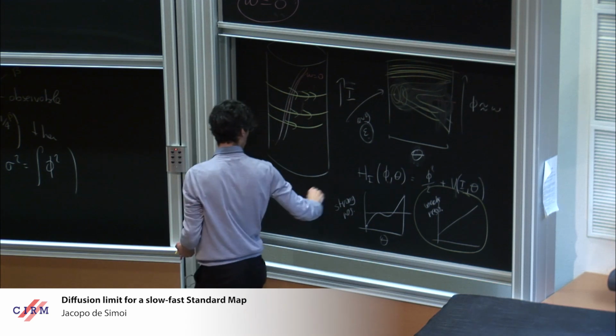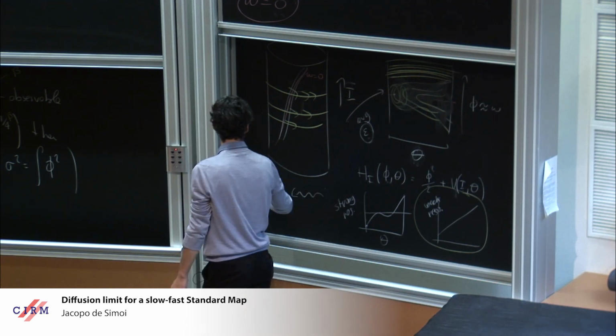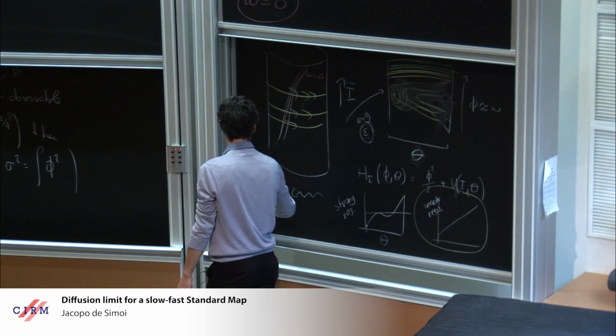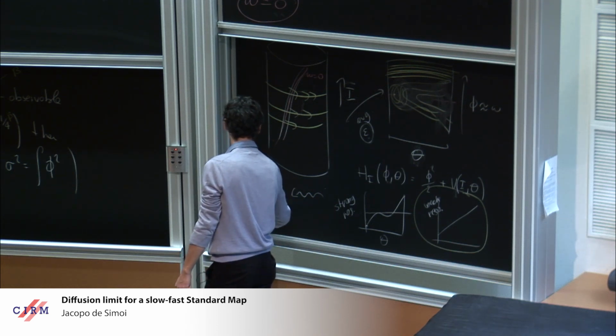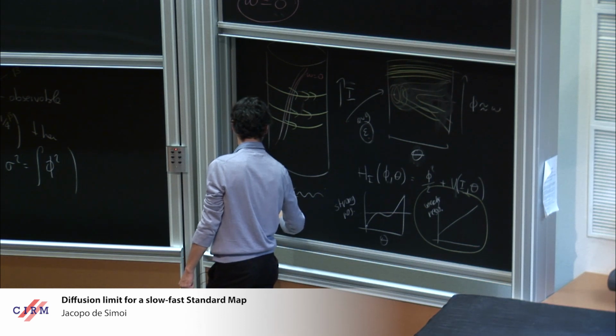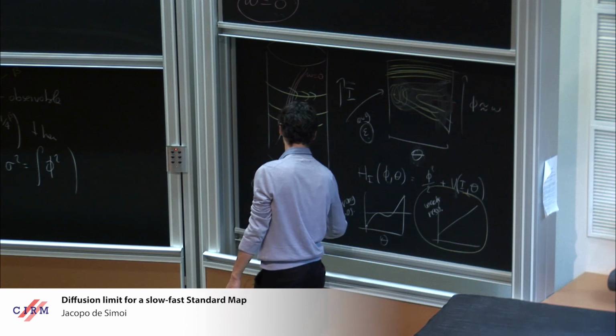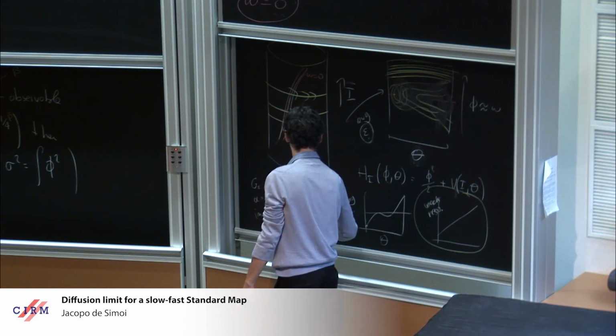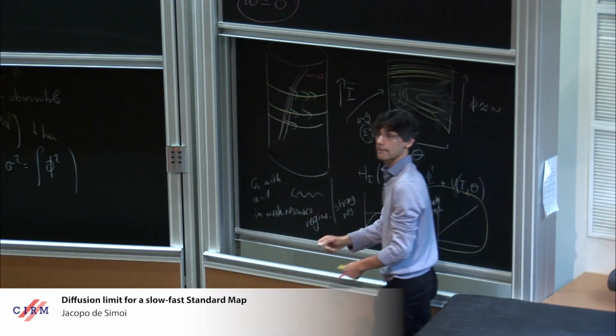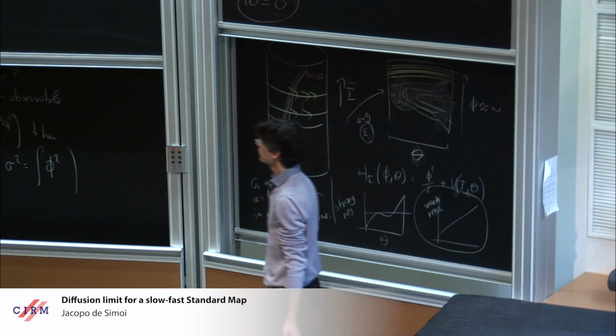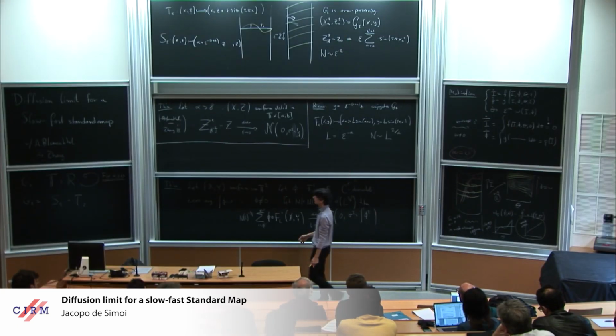So I should say that this would give a dynamics which is g epsilon with alpha equal to 1 in the weak resonance regime. Okay? So hopefully I motivated you enough to have a look at this map.